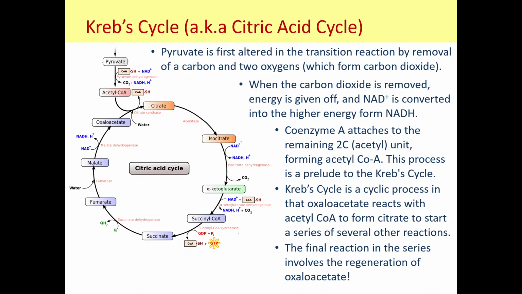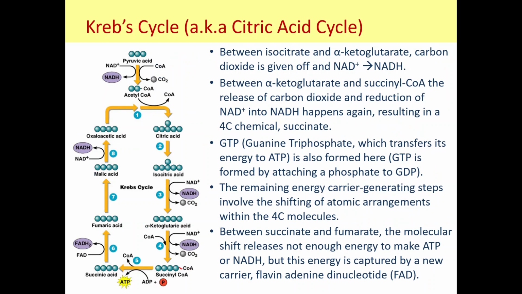Basically, the Krebs cycle is a cyclic process in which oxaloacetate reacts with acetyl CoA to form citrate, starting a series of several other reactions. These are the further processes of the Krebs cycle, and some of the key processes that I will be highlighting here.